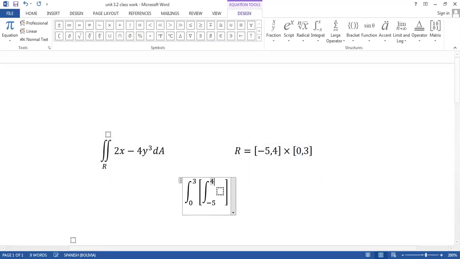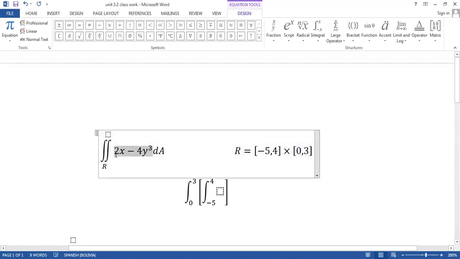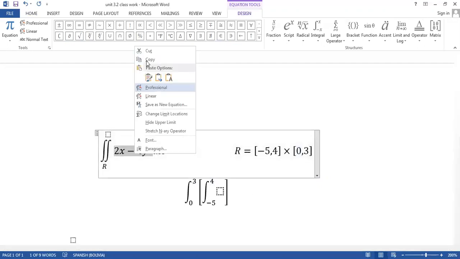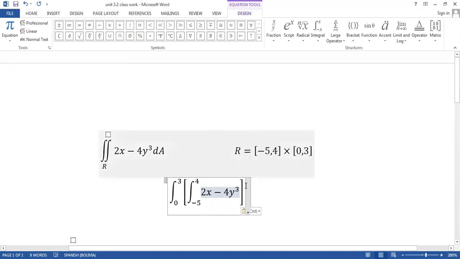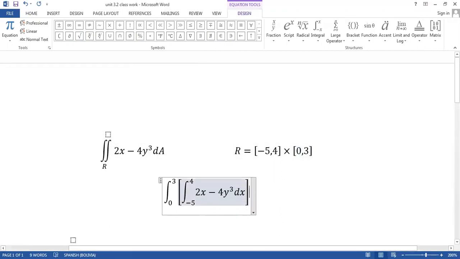Okay. And our function, I'm just going to put in our function. Our function there, and this is dx. And then everything out here is dy. So we're going to work our parentheses first, which is the integral of this from -5 to 4.